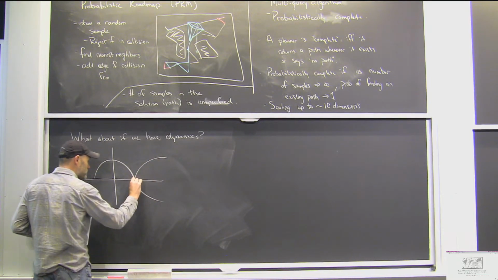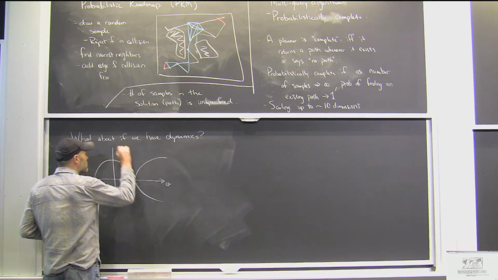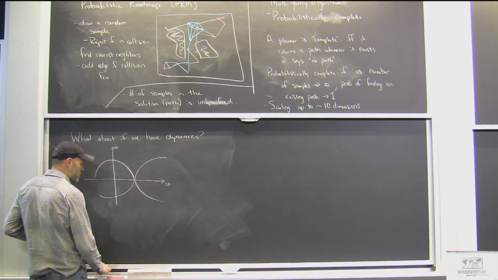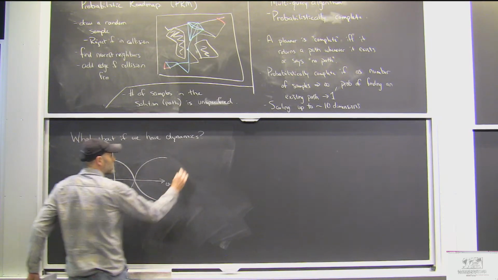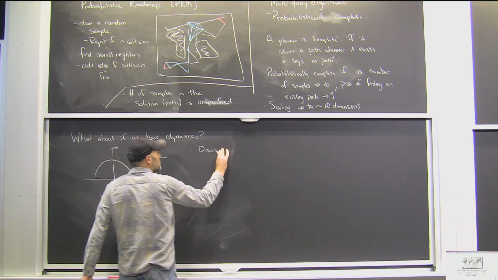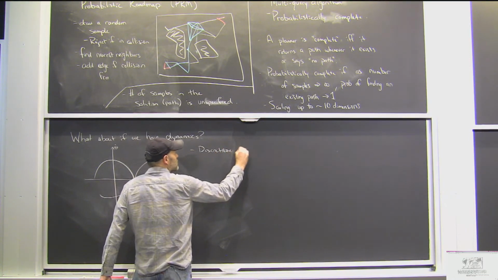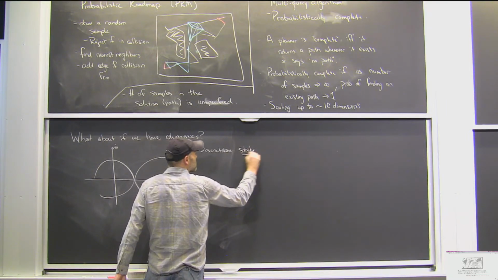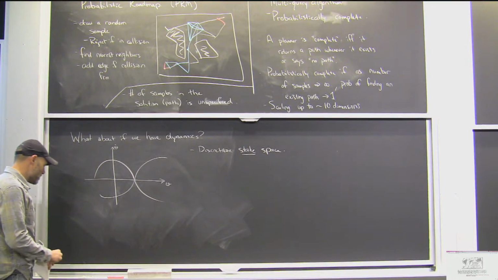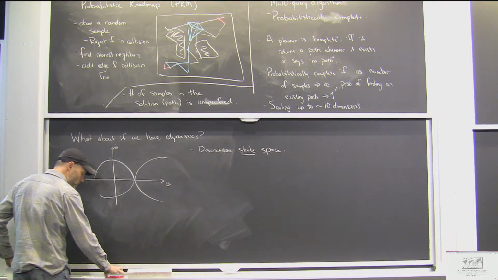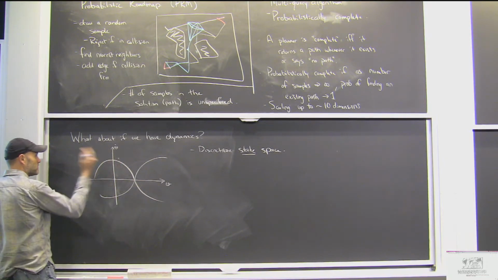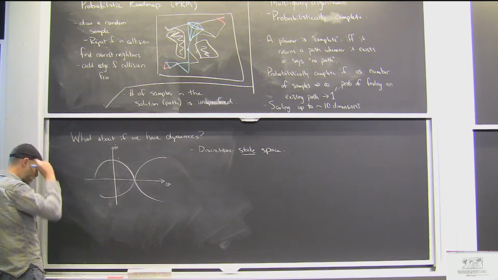So let's say I'm in the phase portrait of the pendulum. Now I have to discretize state space, not just configuration space. Then how does it work, right? Let's say I draw some random sample. First sample is there. I've got a graph of size 1.